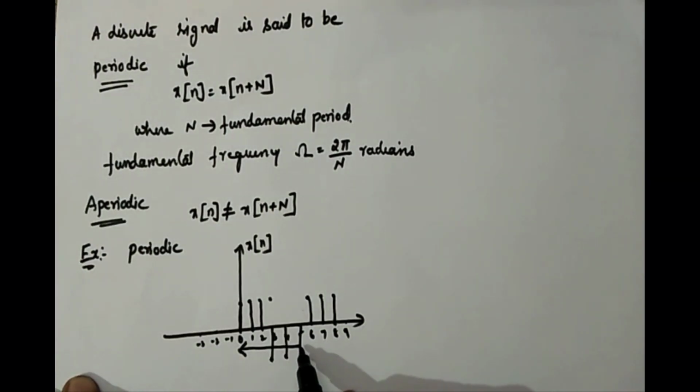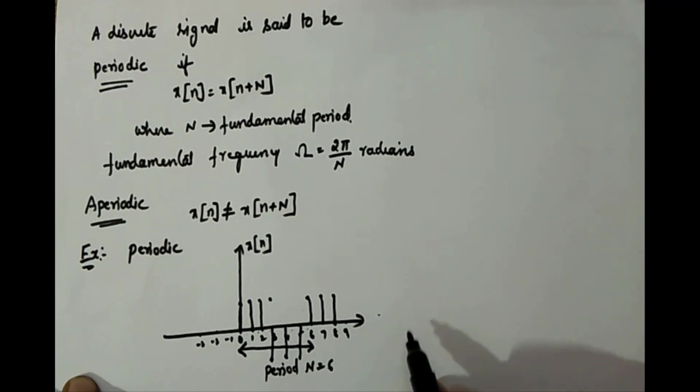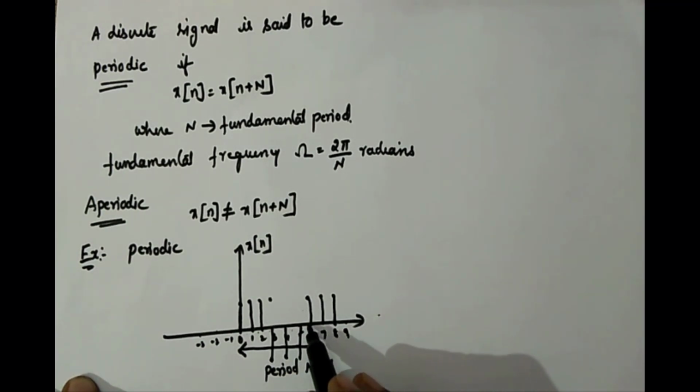This total is up to this. Up to this it is called the period. So what is capital N here? 1, 2, 3, 4, 5, 6. If we extend this signal, it repeats again. After n equal to 6, it repeats.